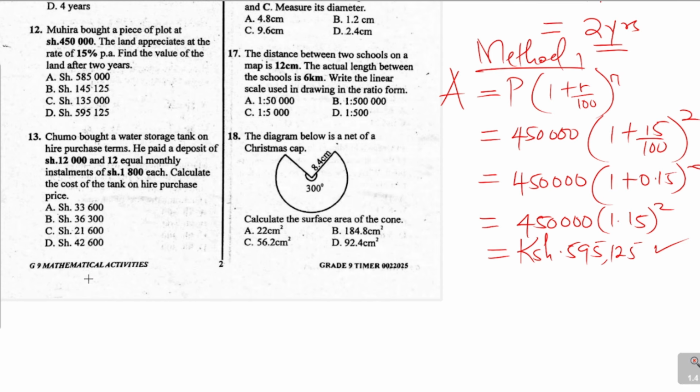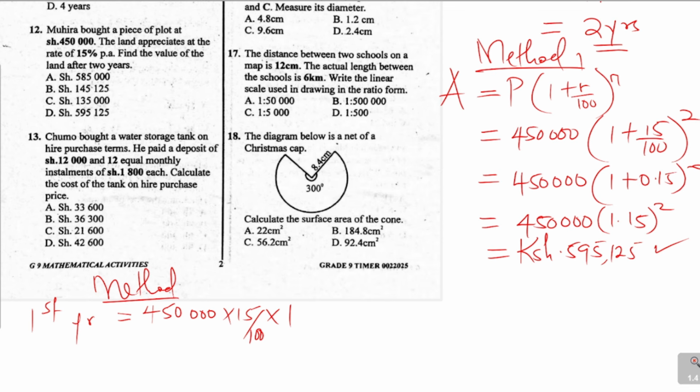So method 2 of doing the same: because the period is 2 years, you'll start with the first year. You see what was the value after the first year of appreciation. So this is how you get it. We get the appreciation after the first year. So 450,000 multiplied by the rate, which is 15 over 100, times 1.